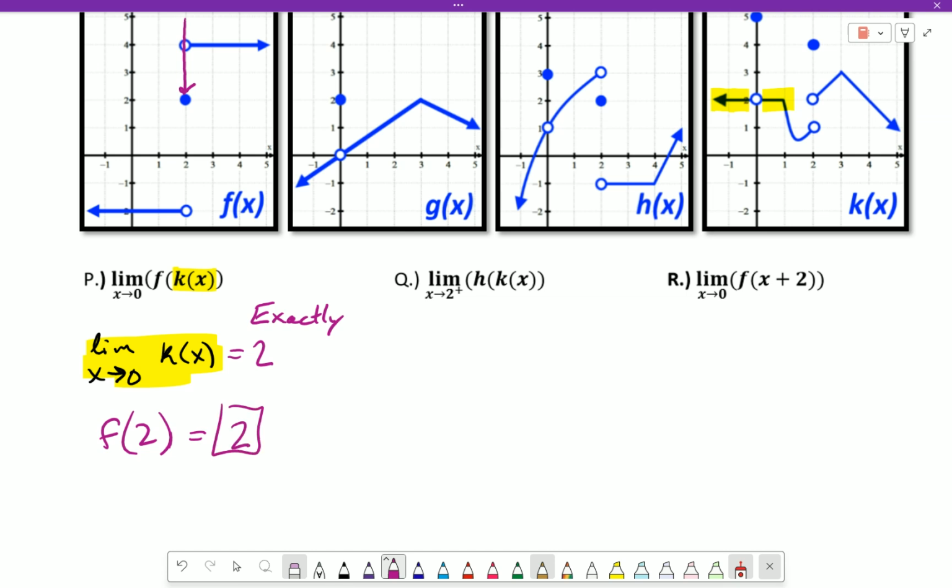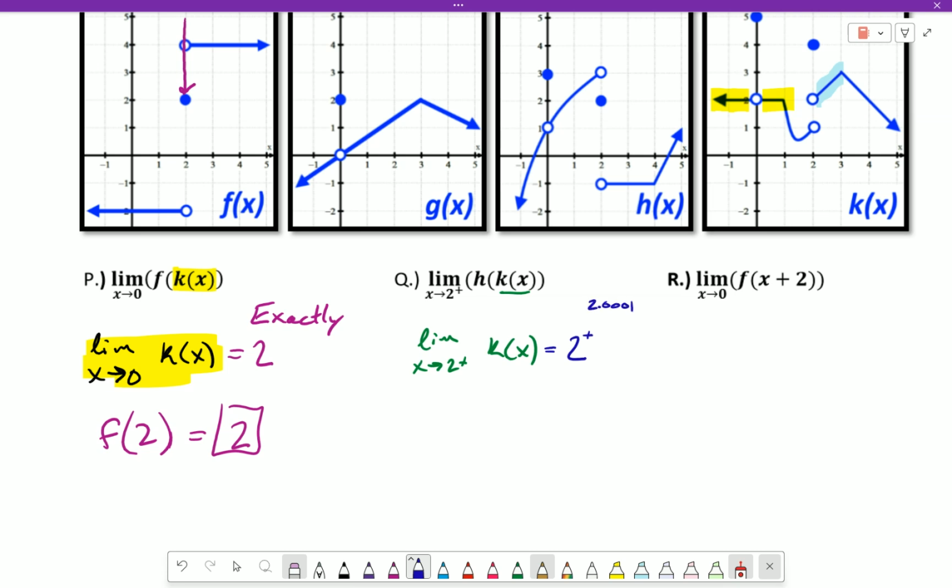Letter Q. Limit as x approaches 2 with a plus sign. All right, cool. We're starting with k of x. Limit as x approaches 2 with a plus sign of k of x. I'm going to k. I'm approaching 2 from the right side only. What number does it look like I'm getting closer and closer to? 2. How am I approaching 2 there? Numbers bigger than 2, 2 with a plus sign, like 2.0001.